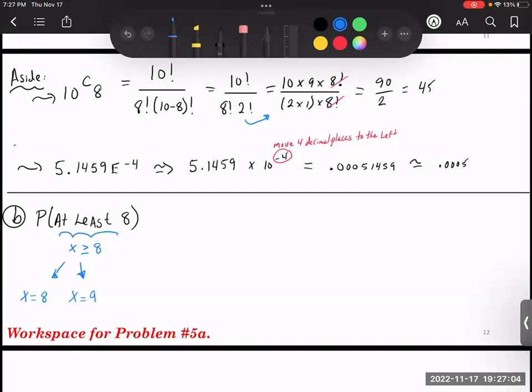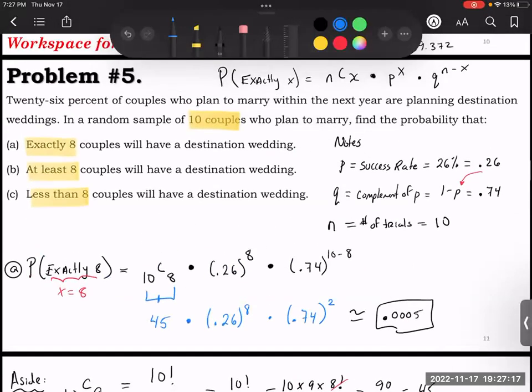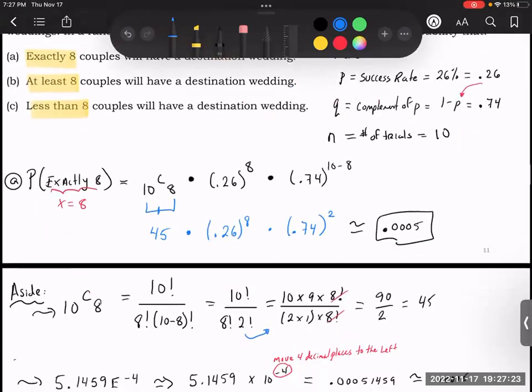Another value after 9 is 10. But be careful, because how many trials or how many couples did we have? There's only 10. So you stop at 10. That's right.